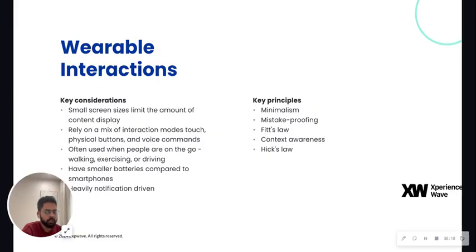And you make use of confirmation actions wherever possible before you lock the user off from reverting the action that the user has taken. You also have to take into account context awareness because usually wearables will be utilized in contexts such as fitness tracking, navigation, communication. So the design should adapt to the user's situation.